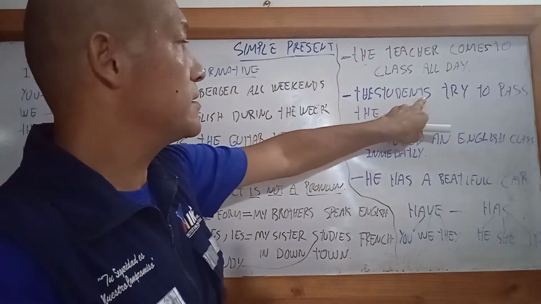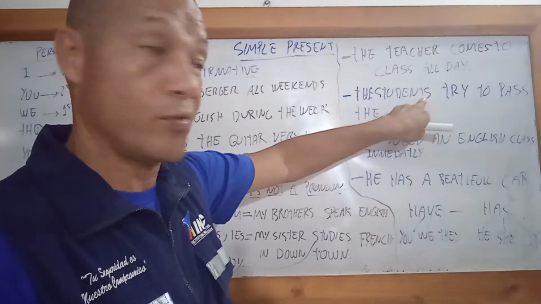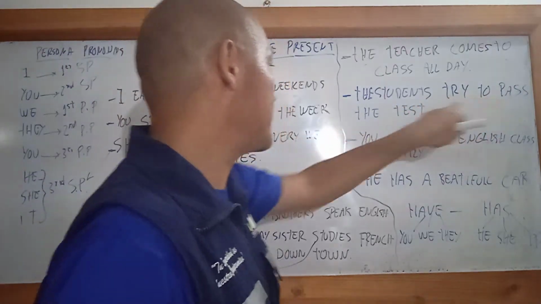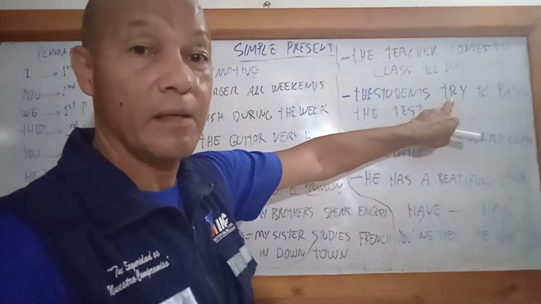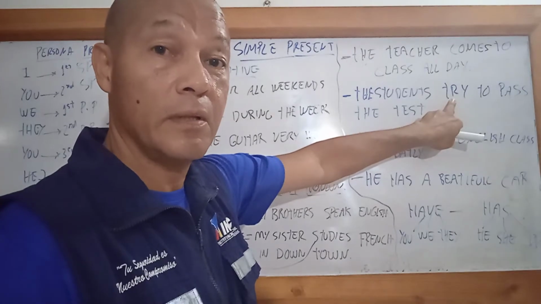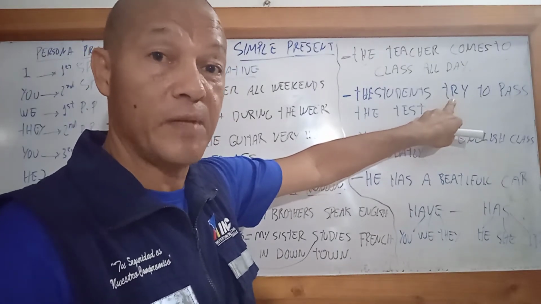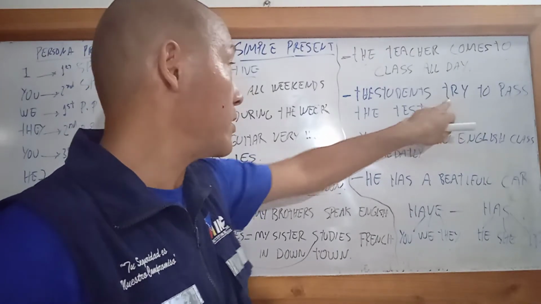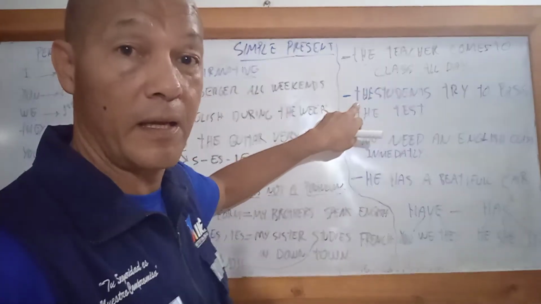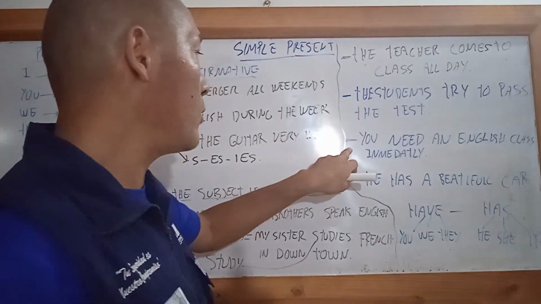The students, the subject is plural, try to pass the test. Try is written in a simple form. The verb doesn't change. Why? Because the subject is plural.